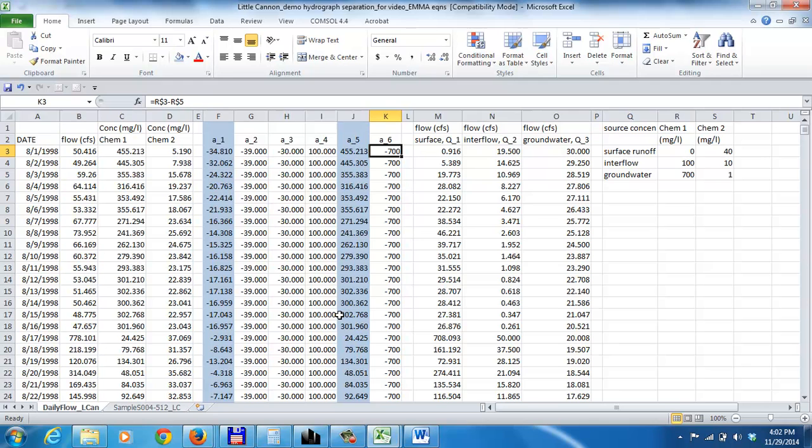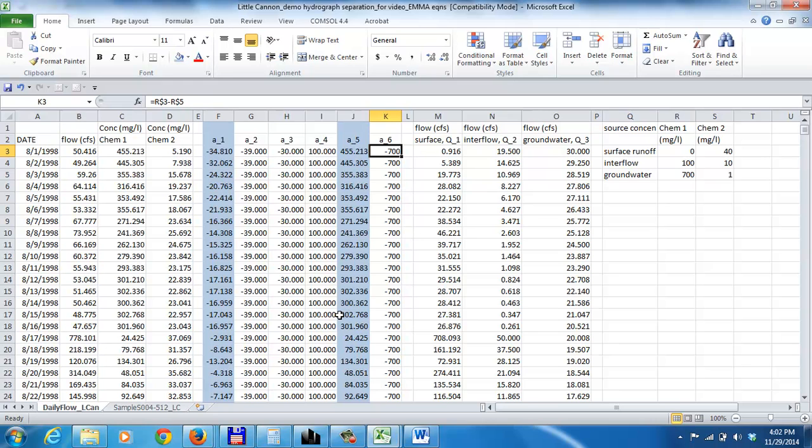So in this spreadsheet we've got date, we've got flow. The data is from Little Cannon River. Column B has the discharge that's measured at the gauging station. Column C is the concentration of chemical 1 that's measured at the gauging station on the same day as the discharge.